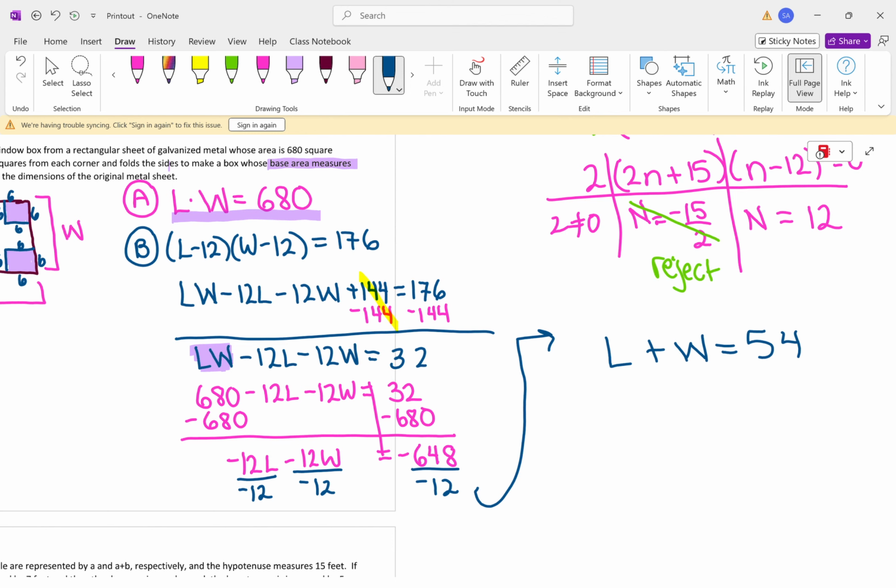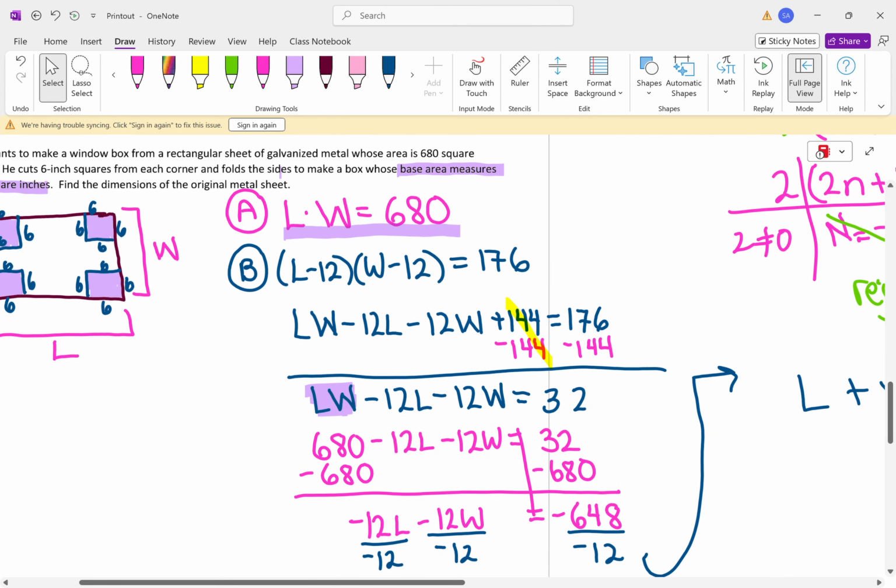Shouldn't it be times? Wait, I have a very important question. No, we've been manipulating this whole thing. It was originally times and then we foiled it all out and been manipulating it ever since. L minus 12 times W minus 12 is the area of the white section that isn't cut out. LW is the area, the white section that's not cut.